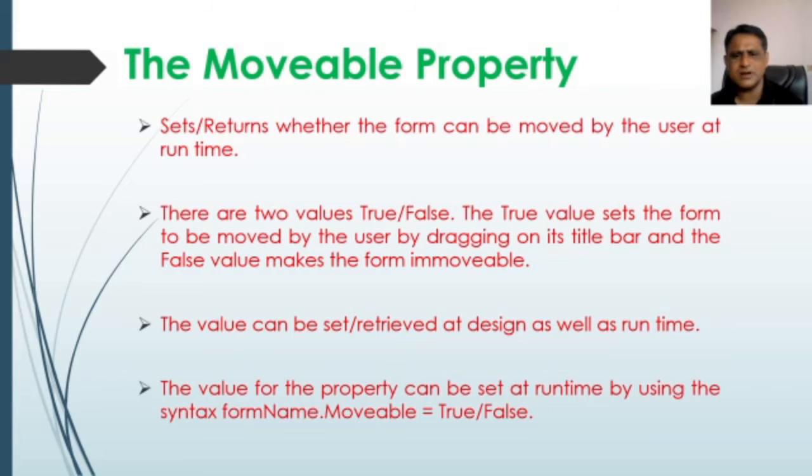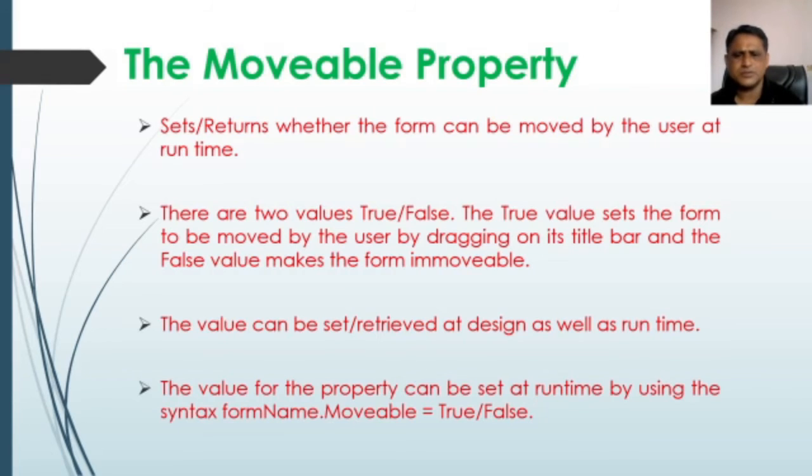So it can be moved around by dragging in this fashion. If you set the movable property to false, the form becomes not movable, and you cannot move it to different places when it is run.